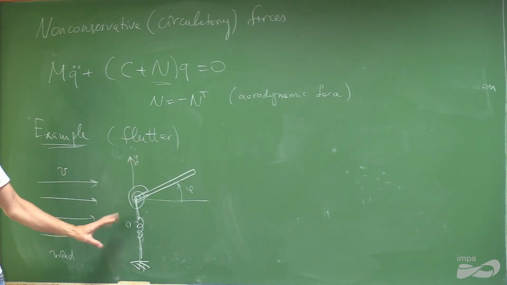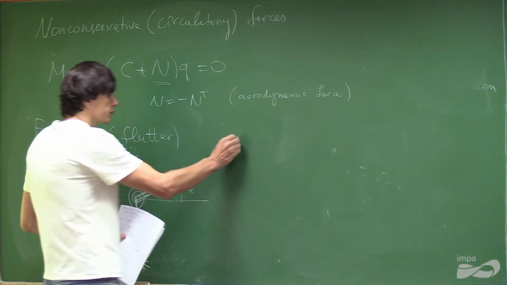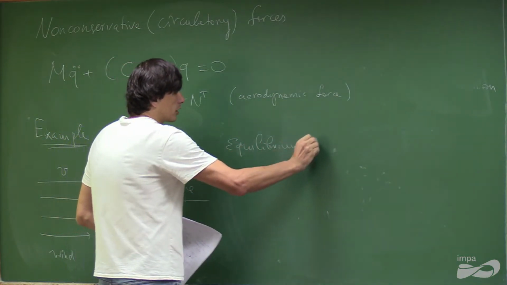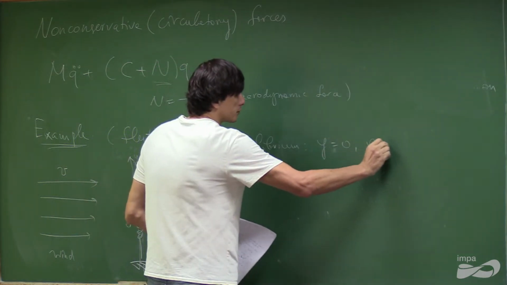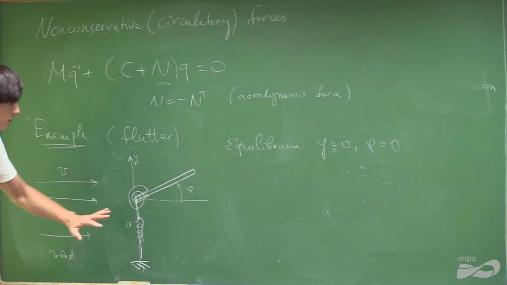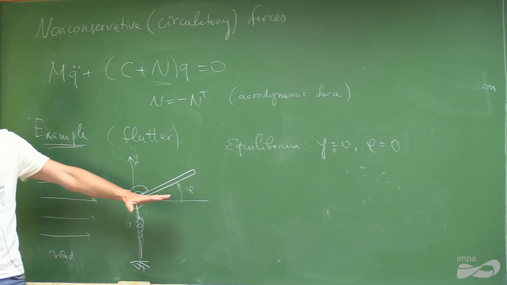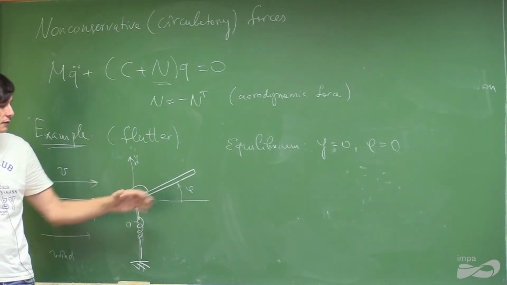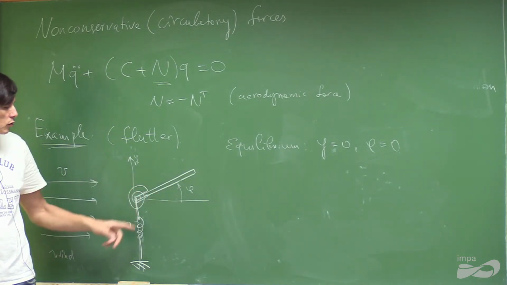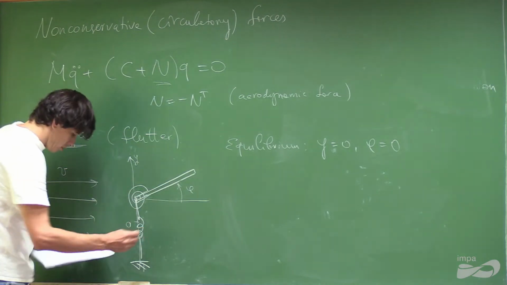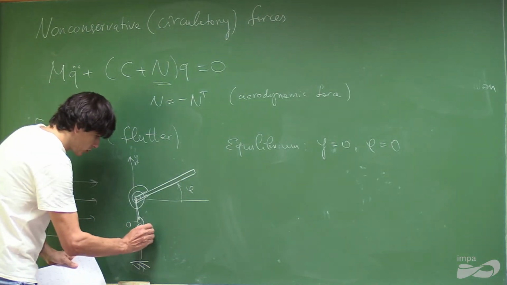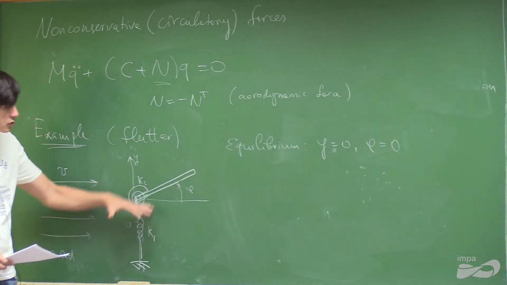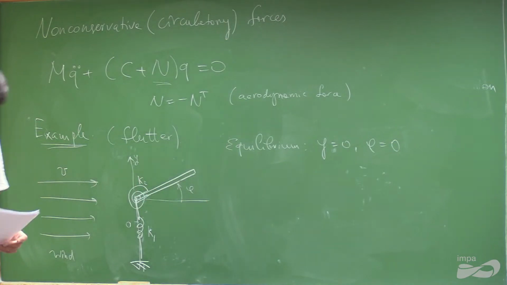The equilibrium is at y0, phi0. If no wind is blowing, you can put the system in straight position and it stays. But if you change it a little bit, it will oscillate because there is a spring. This one is with coefficient K1, and this will be coefficient K2. There are two springs which support this whole system.